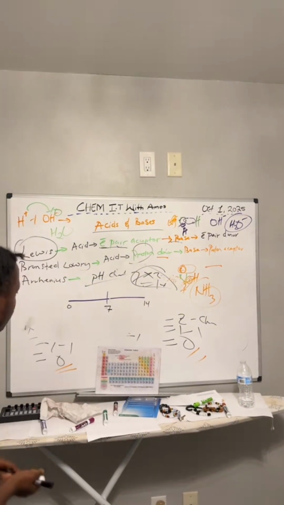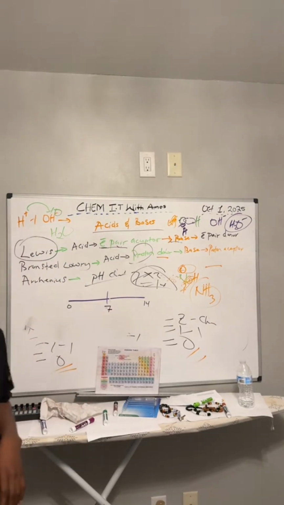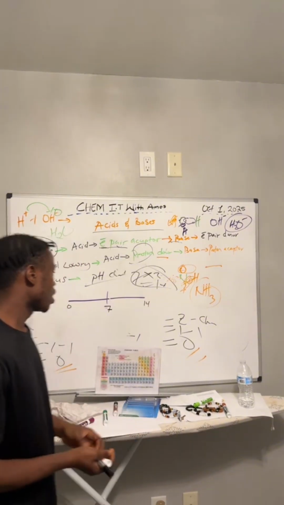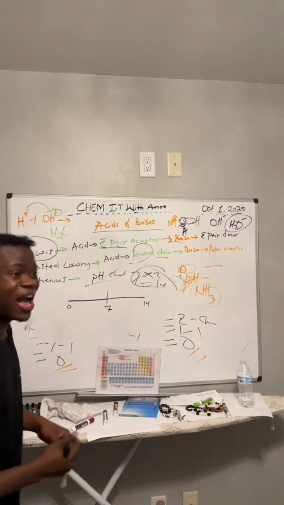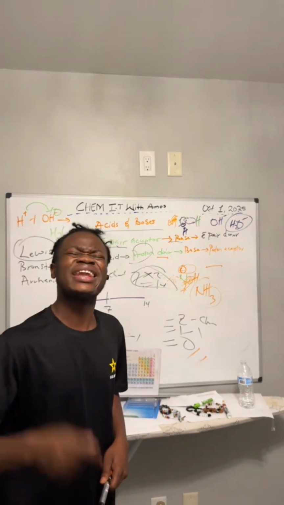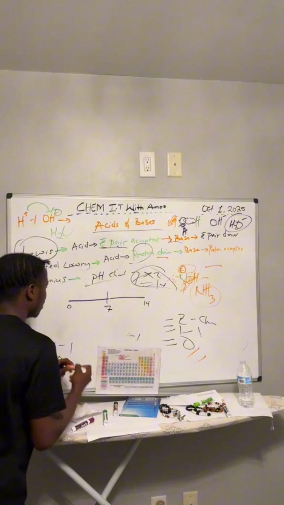Okay. So if you do a test and you get a value of 7, it tells that it is neutral. It does not contain acid or base. And we say acid ranges from 0 to 6.999. We can put ACID right here.